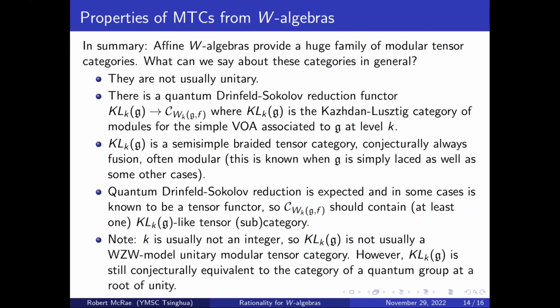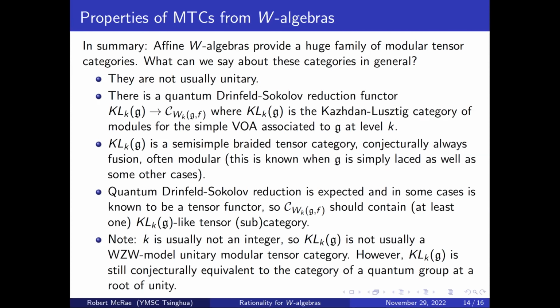One thing to note is that the level K is not an integer, so this Kazhdan-Lusztig category is not one of the ones that Kazhdan and Lusztig studied originally in their work. This is not one of the WZW model unitary modular tensor categories.